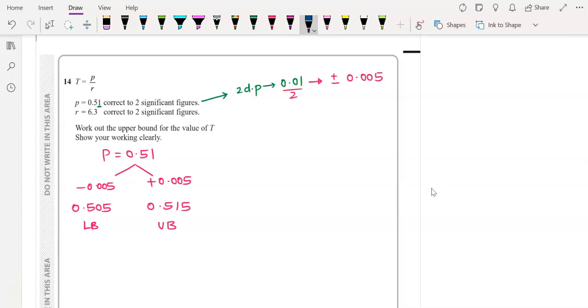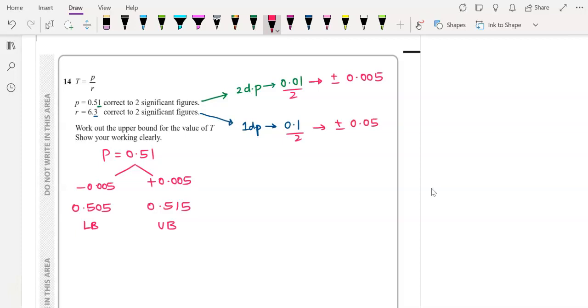Okay, now value of r is 6.3, correct to two significant figures. Again it is 2 SF, but if you look at the number, the second significant figure is 3, which is the first decimal place. So here it is rounded to 1 dp. One decimal place is 0.1. You divide it by 2, so you get plus or minus 0.05.